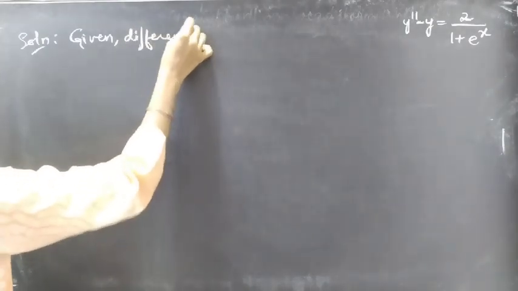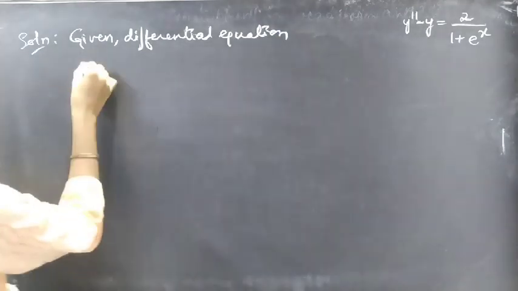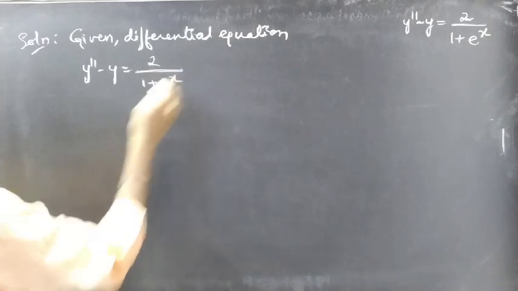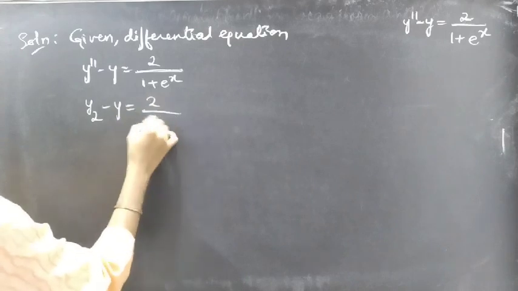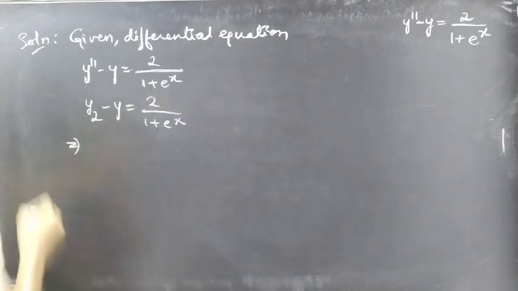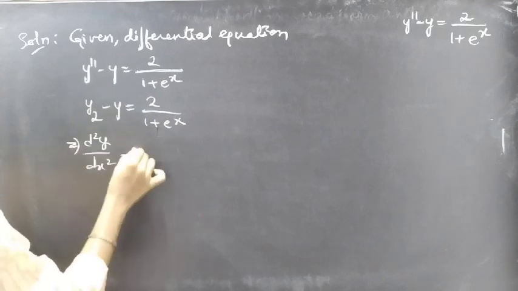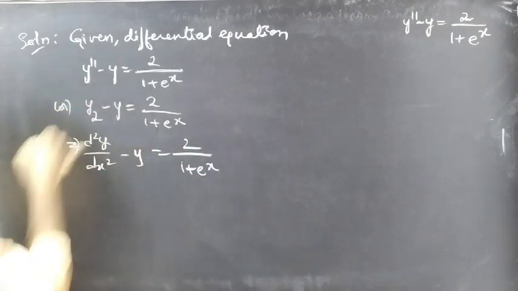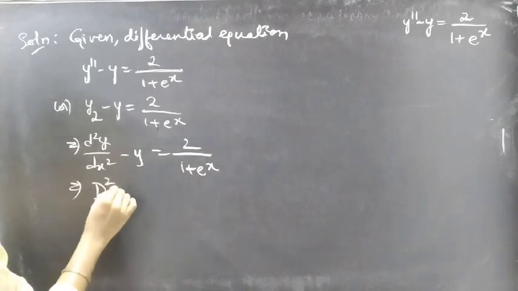Given differential equation, y double dash minus y equal to 2 by 1 plus e power x, or we can write y double dash as y2, or we can write y2 or y double dash as d square y by dx square. And we'll write d square y by dx square in operator form.